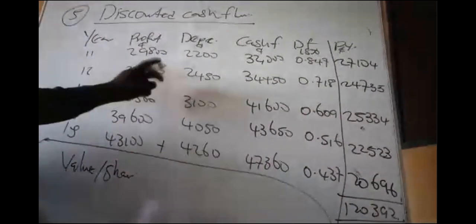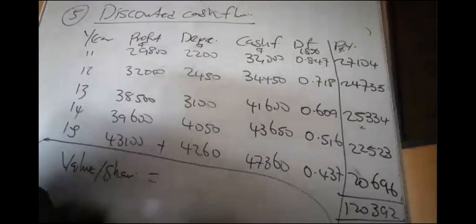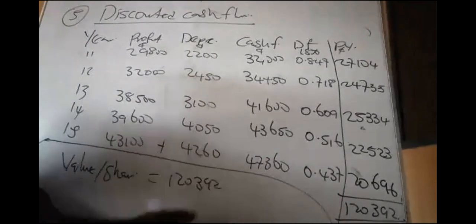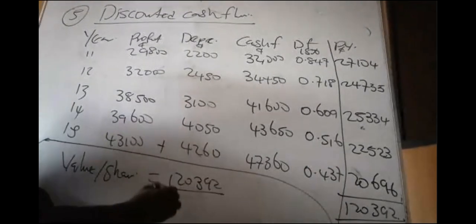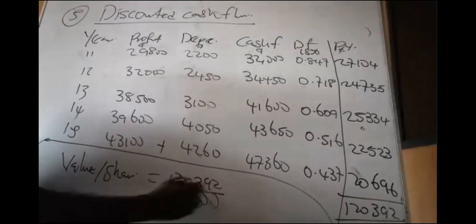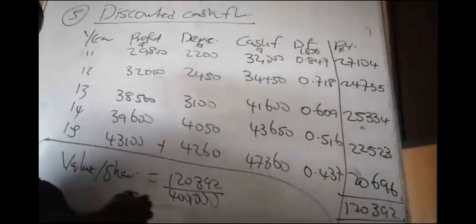It's not part of this table. It's on its own. So value per share will be equal to this value, 120,392 divided by the number of shares, which is 400. We are done.